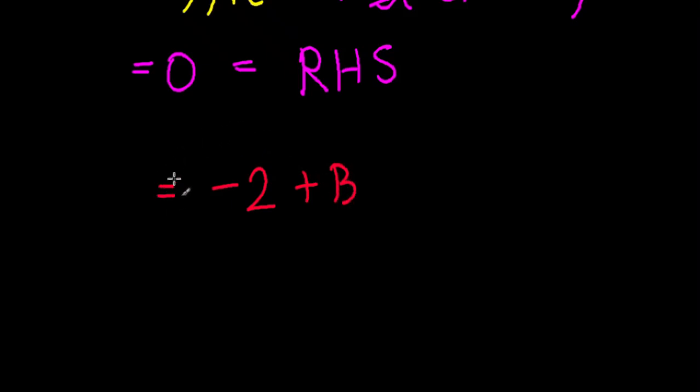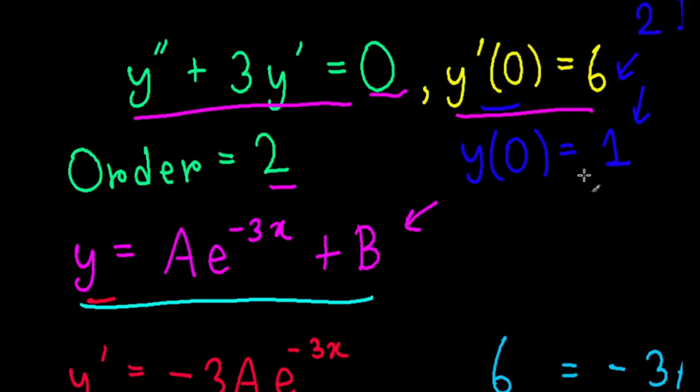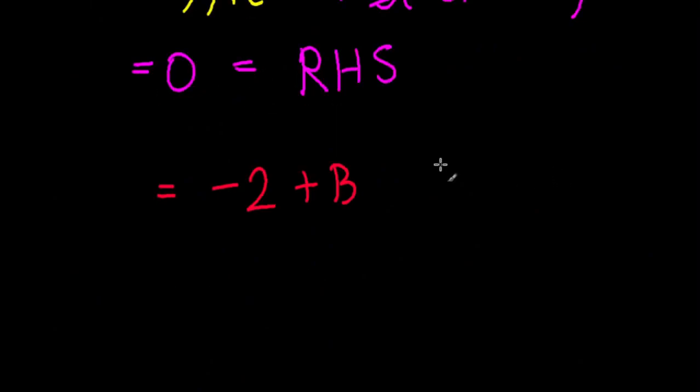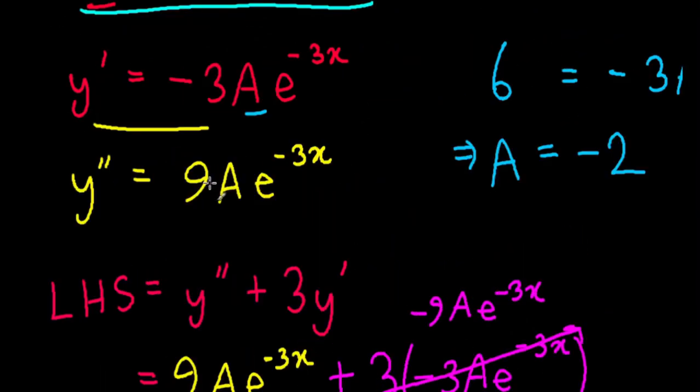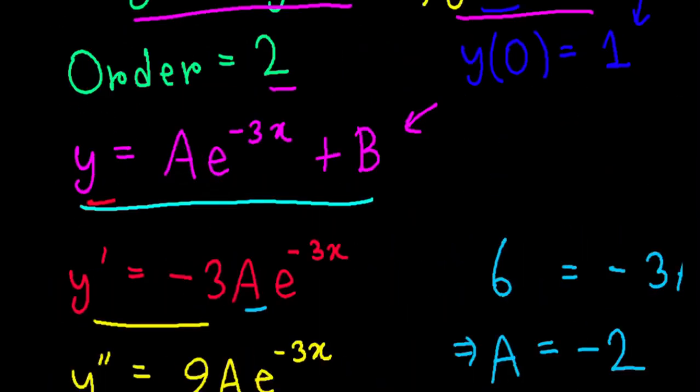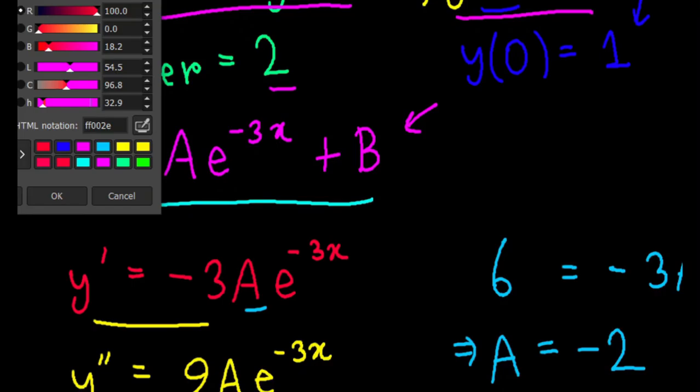On the left hand side, we have y, which is 1 when x equals 0. This gives me a value of b, which is 3. Now we have solved for both the constants, and that gives me my particular solution.